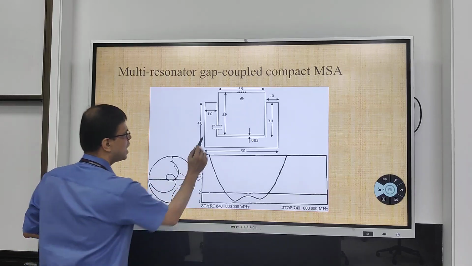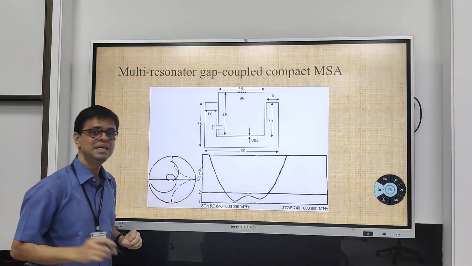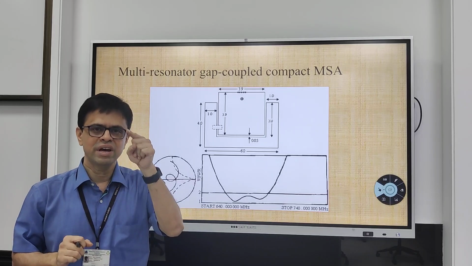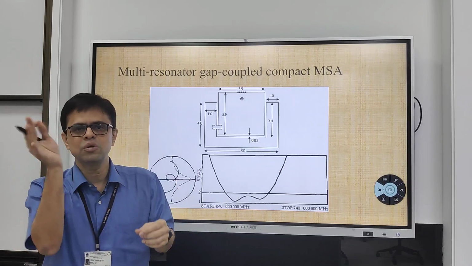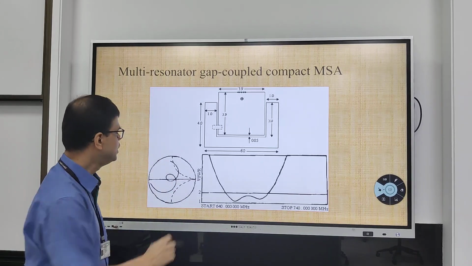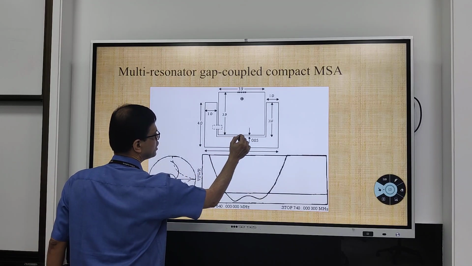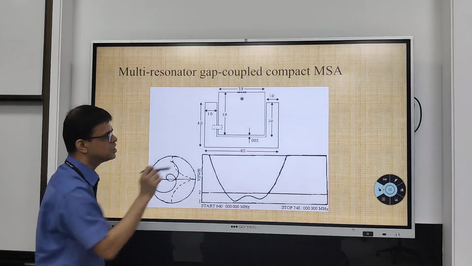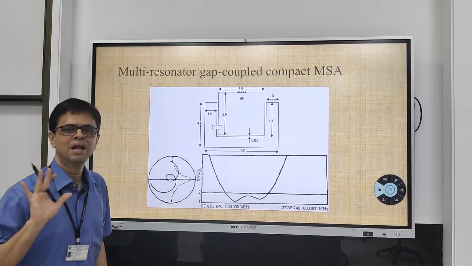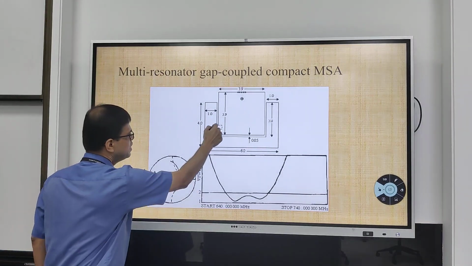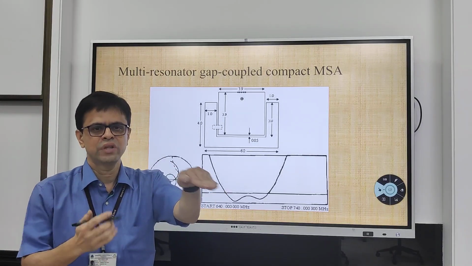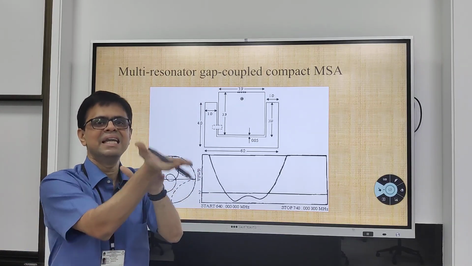So for that, I put this additional coupling strip at a point where the field is maximum for the two patches. Remember, here the field is maximum for the shorted patch, but the field is minimum here. Here the field is maximum for the C-shaped patch, but here the field is approaching null. So in between, I put a coupling strip. It is like putting an additional strip so that the coupling between the two patches is enhanced further.